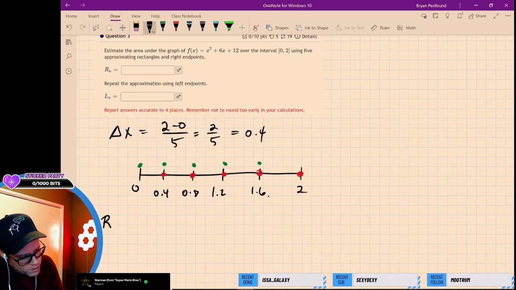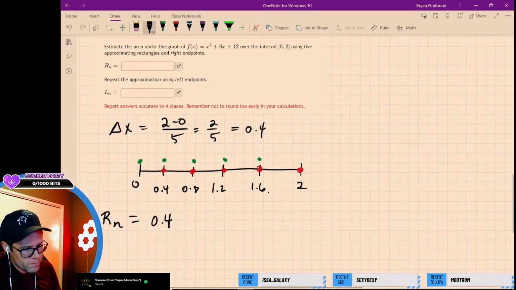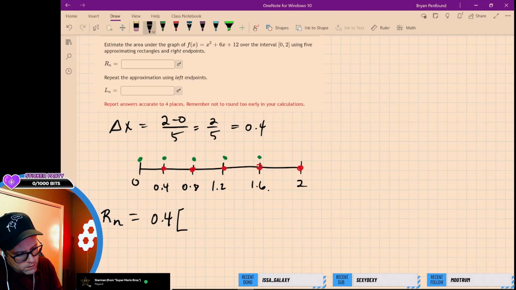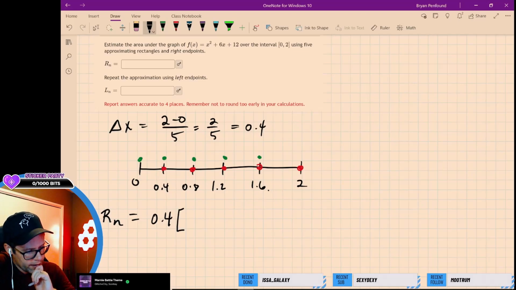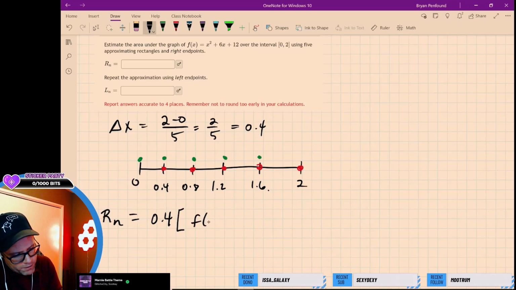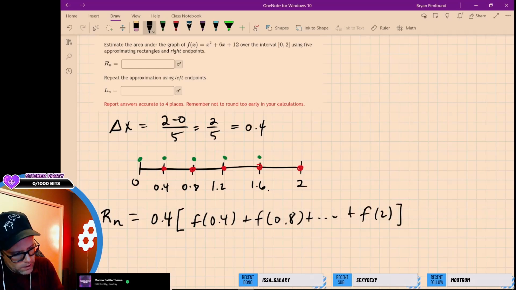But the idea with the right endpoints is going to be, what do we have? We have 0.4 as all of the distances along the x-axis. And for the right endpoints, we have to start our f of x at 0.4. So we need f at 0.4, f at 0.8, and we keep doing this all the way up to f at 2.